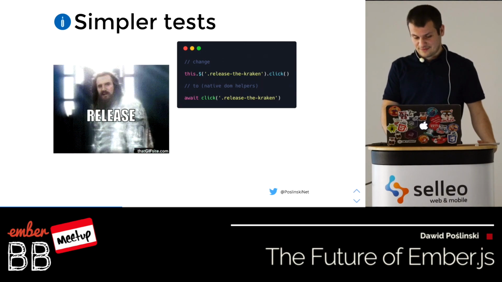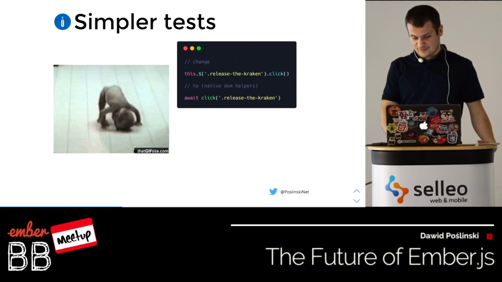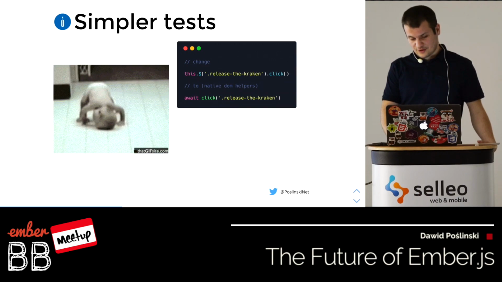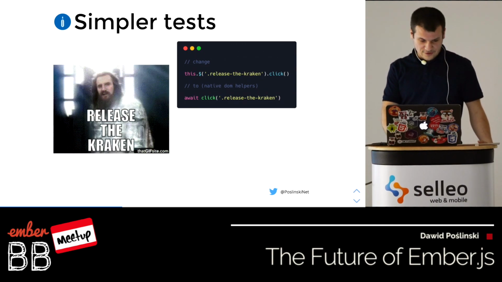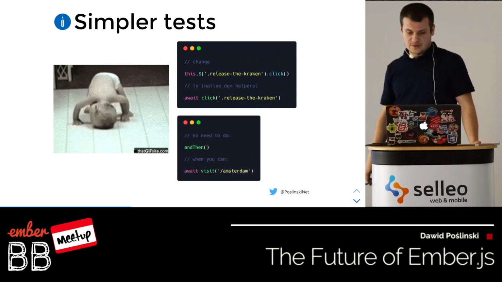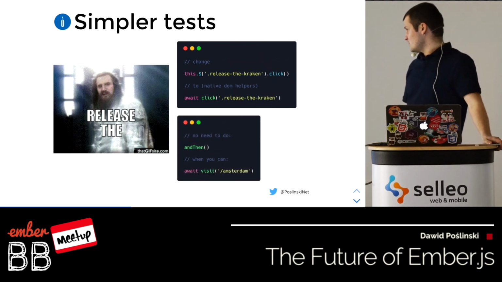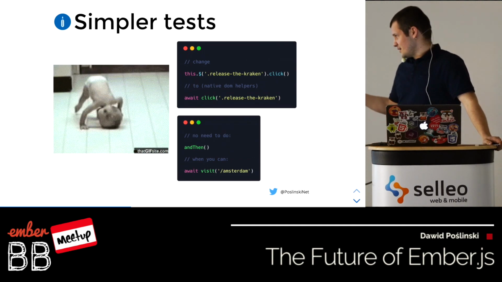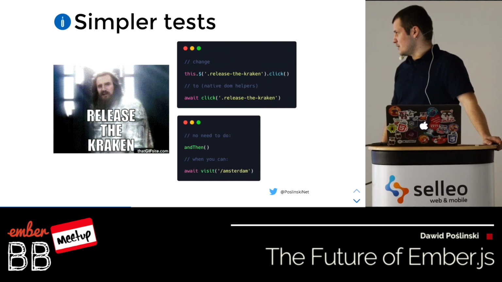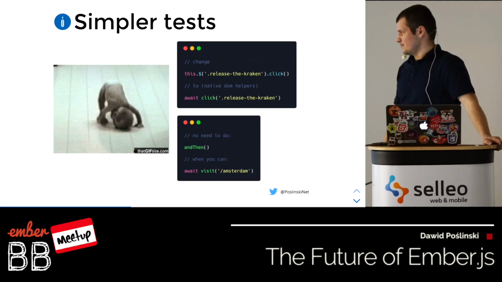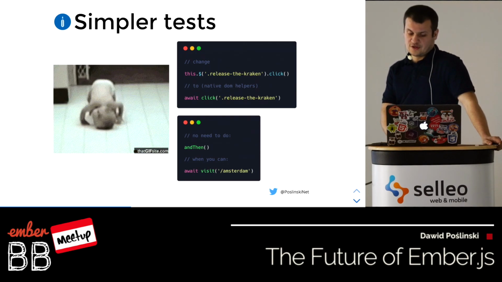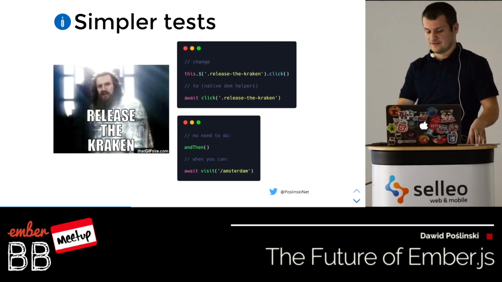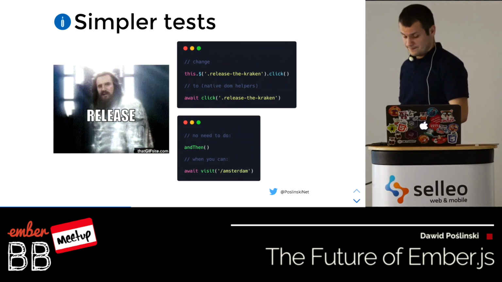And we don't have to worry about some very strange-looking code anymore, especially if it's very nested. So, as I mentioned, we don't need to use andThen anymore. We can, for instance, use a helper which returns a promise, and we can just await and then use an assertion.